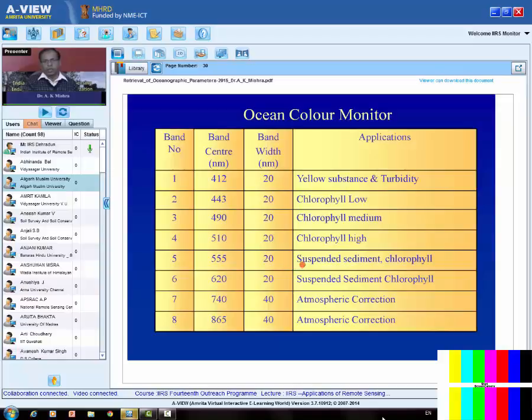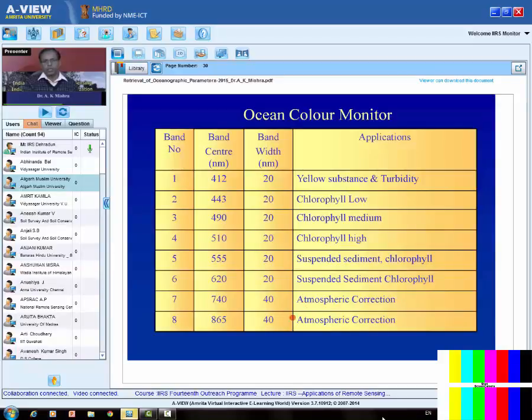The fifth and sixth bands are used for suspended sediment concentration and chlorophyll hinge point, and bands 7 and 8 are used for atmospheric correction of the satellite data.